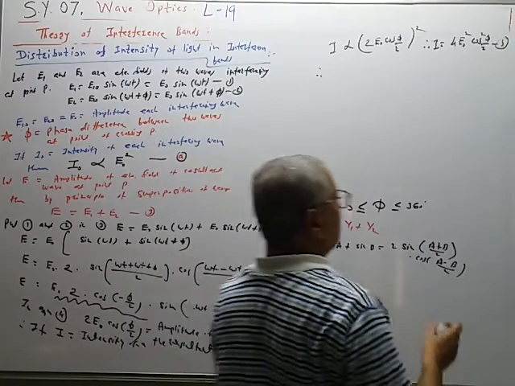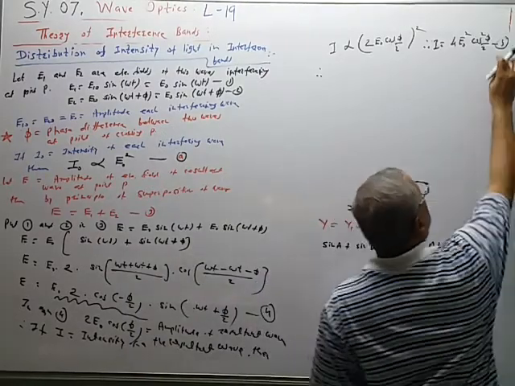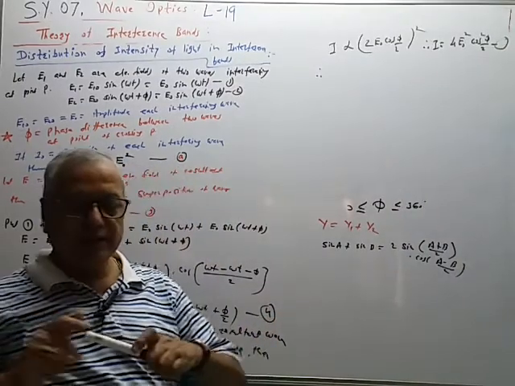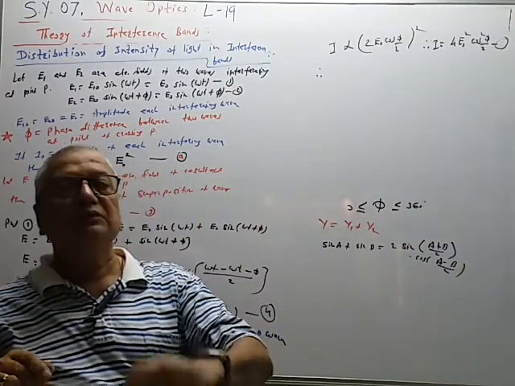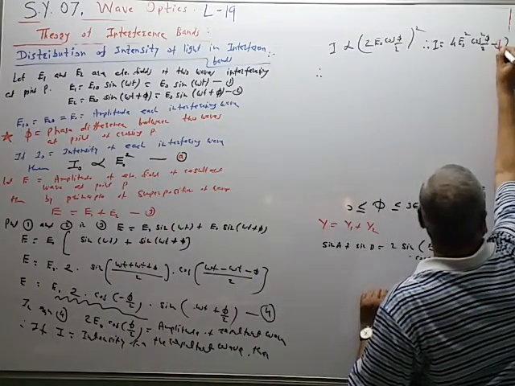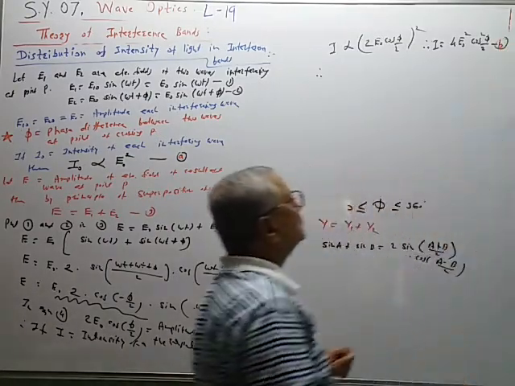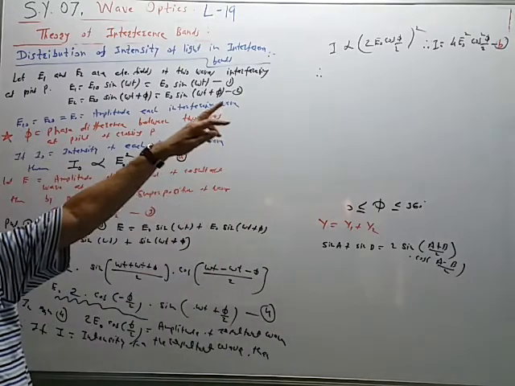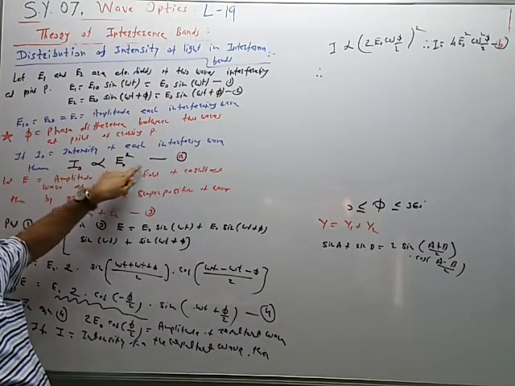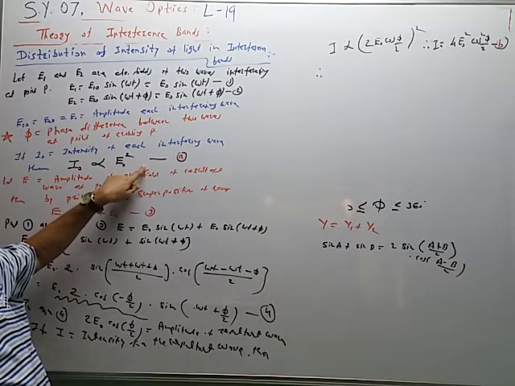So this is equation B. When the two waves are not identical because they have a phase difference like this, they have equal amplitude and equal frequency. Equation B gives the intensity of the resultant wave at the point of crossing, and equation 1 gives the intensity of each wave at the point of crossing.